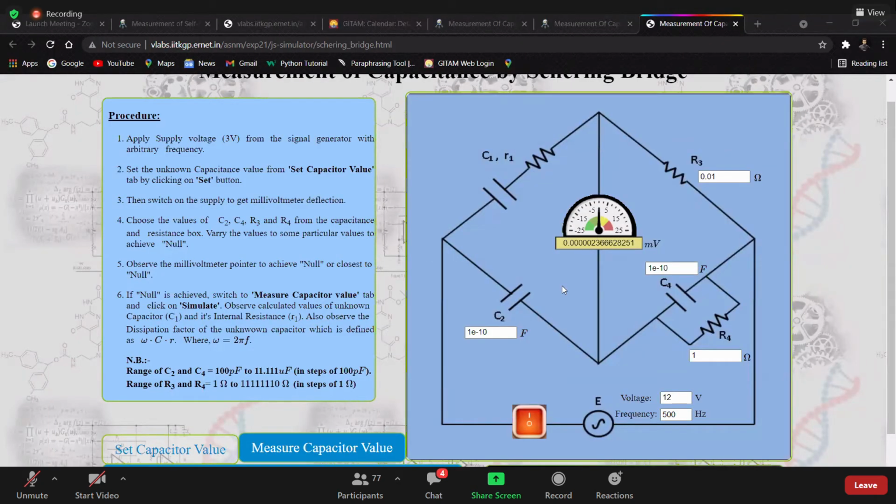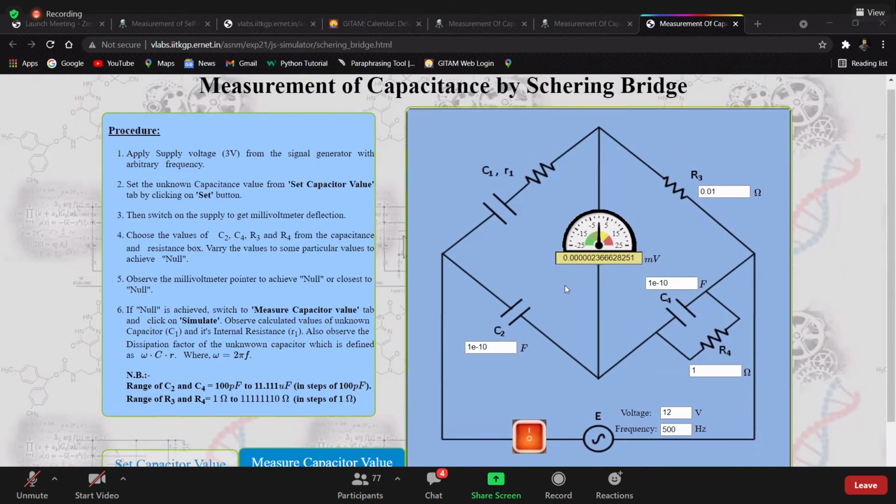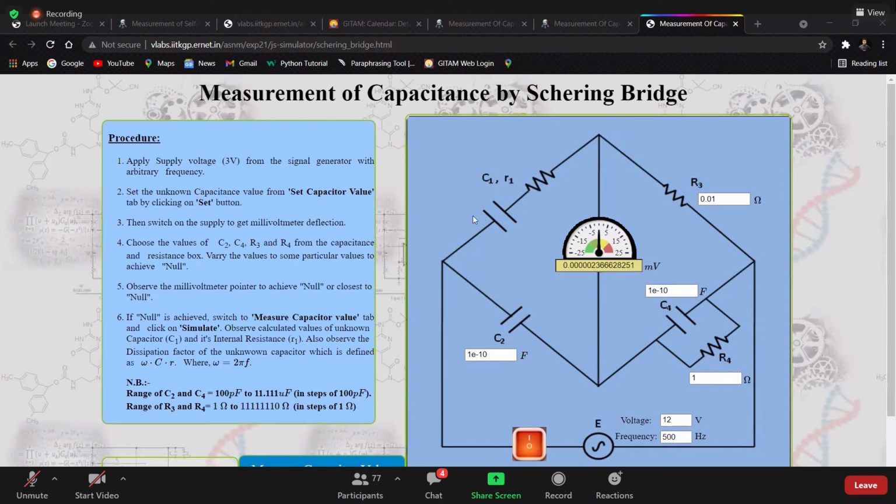This experiment is for measurement of unknown capacitance by the Schering bridge, sir. It consists of 3 resistors, R1, R3, and R4, and 3 capacitors, C1, C2, and C4.